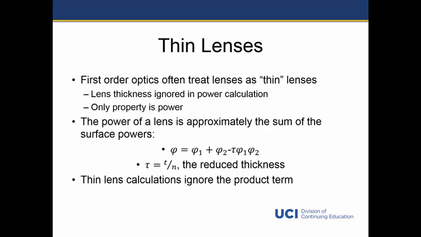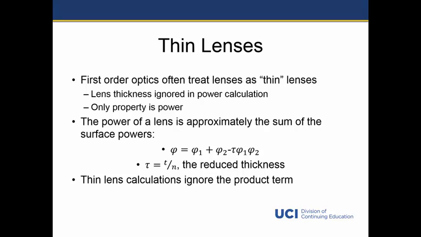If we look at the actual power of a real lens that has thickness, the actual power is the sum of the two surface powers, but there is also another term that's a function of the cross product of the two powers and the optical or reduced thickness, which is the physical thickness divided by the index of refraction. Thin lens calculations ignore this term.